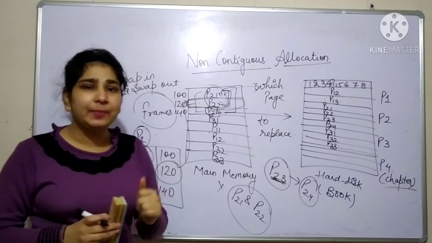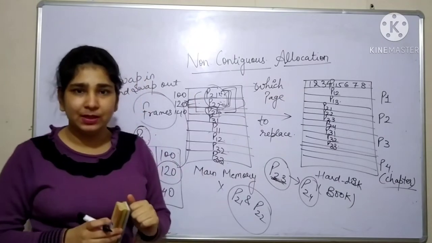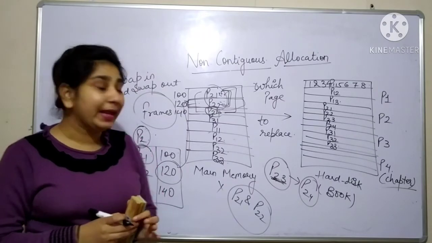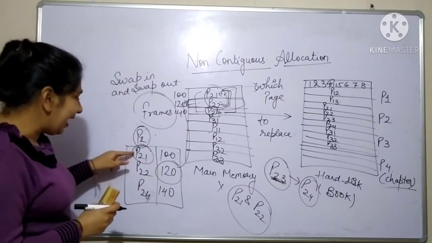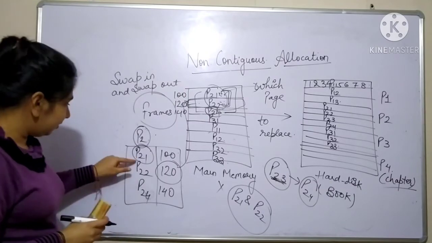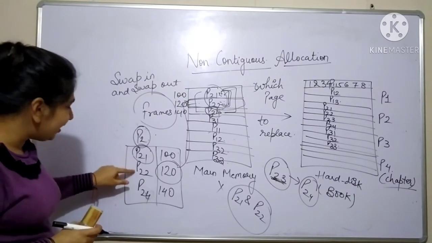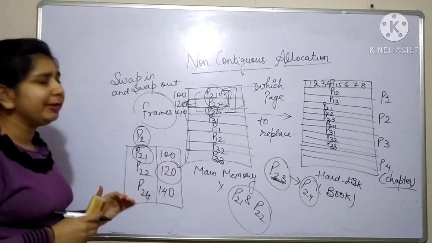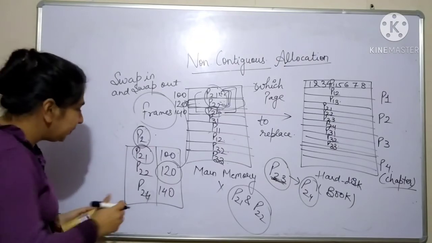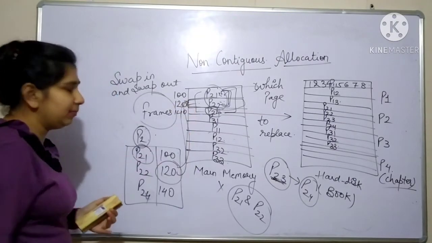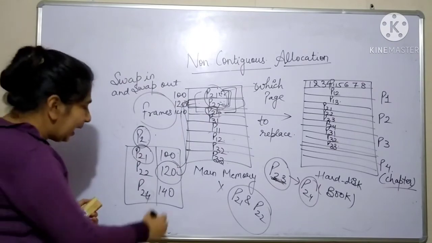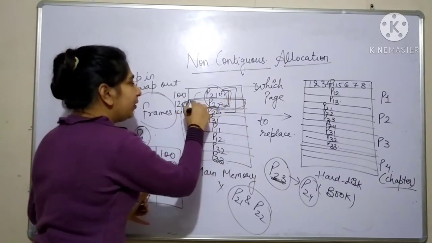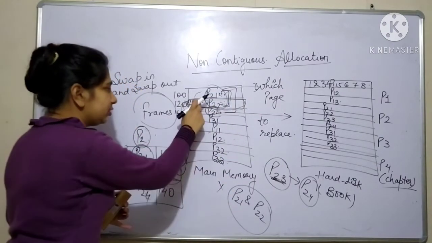I have divided my process P1 into 3 pages, so each page contains 8 instructions. In the page table I have written the memory location of each and every page of the process. If your CPU requires any instruction, firstly I will go to that location in the main memory, to the corresponding page, then to the corresponding instruction number within the page.